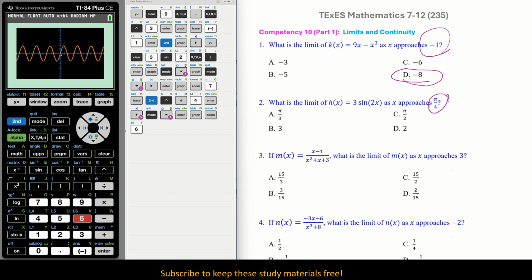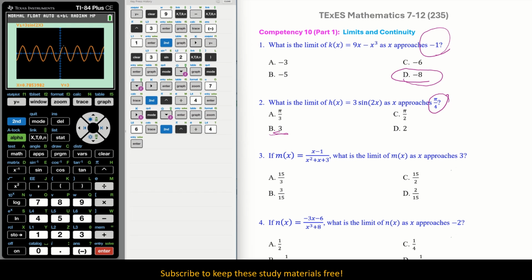So I'm thinking that we're looking at 3. I'm going to push my trace and then second, caret up, divide by 4. I'm going to push enter. There it is. Now see, that's not always a good idea.